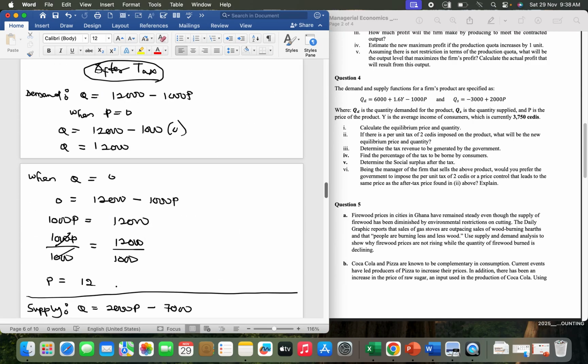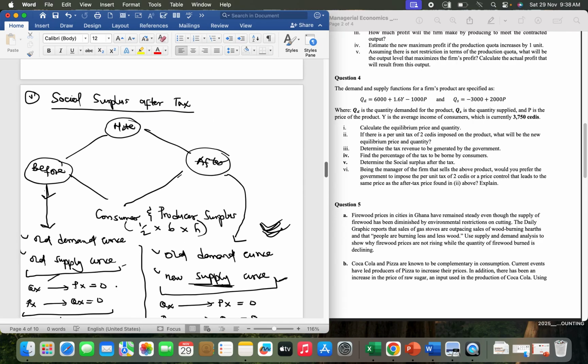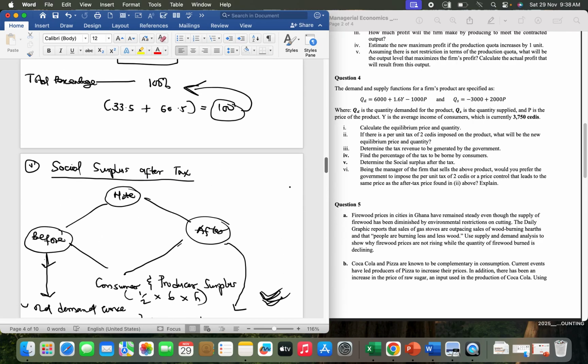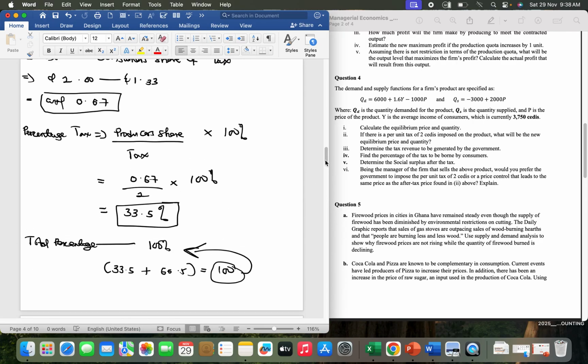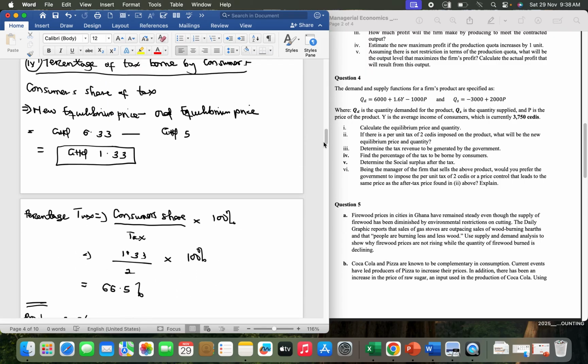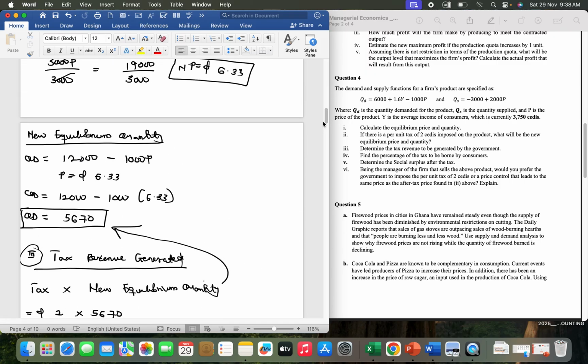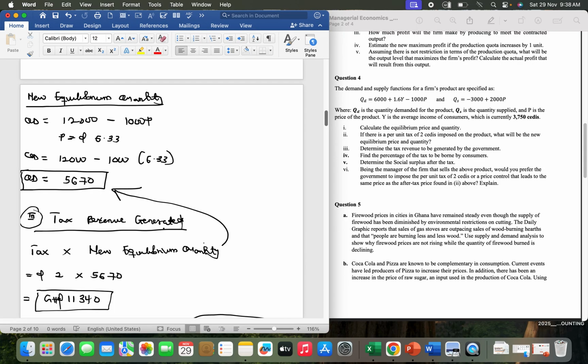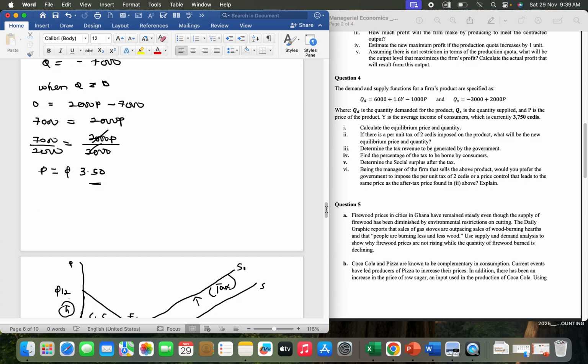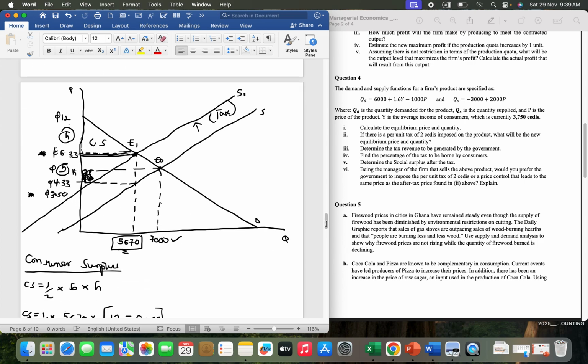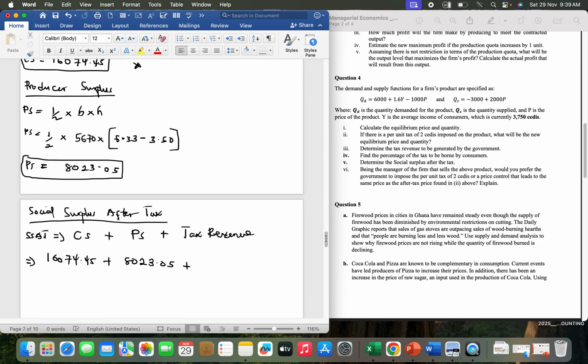Where did we solve this tax revenue? I remember we solved the tax revenue. Yeah, there's the tax revenue, 11,340. So we add everything up.